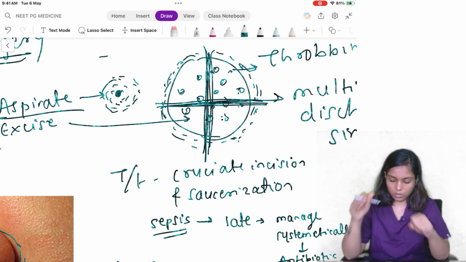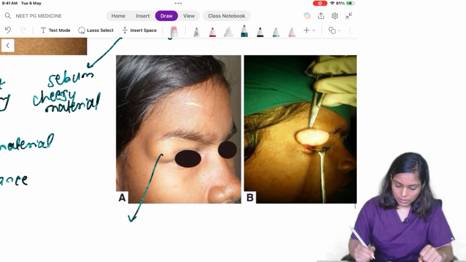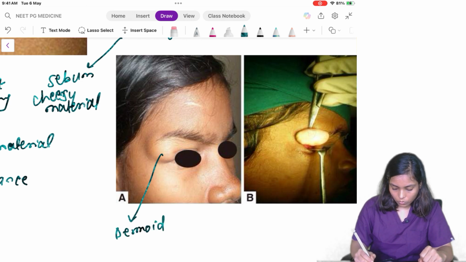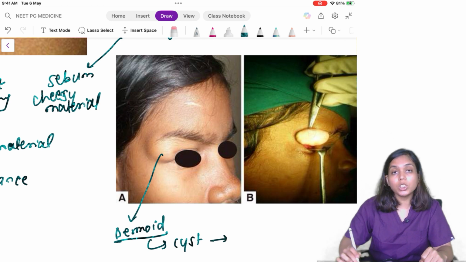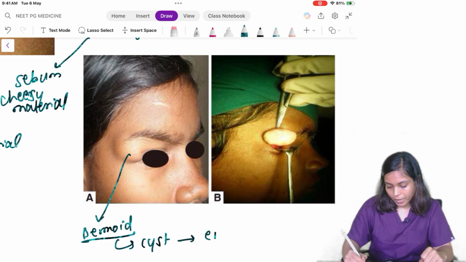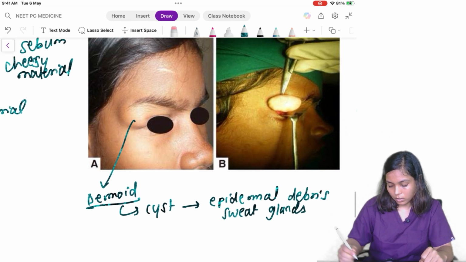Okay, now what is this? This is the classical dermoid. What is a dermoid? Again, it is a cyst which contains epidermal debris, sweat glands, and sebaceous glands.